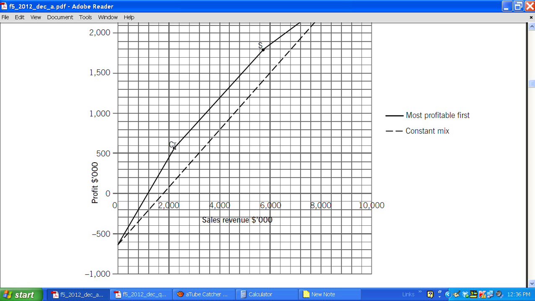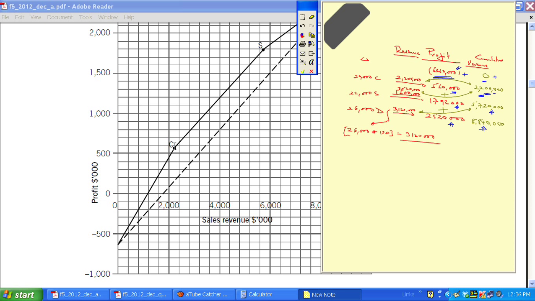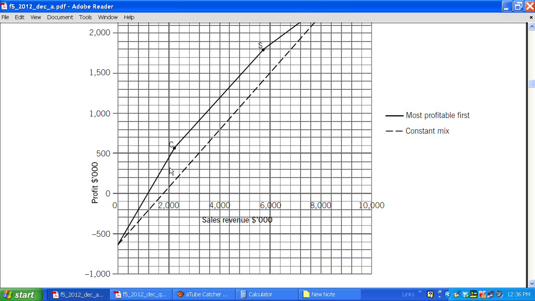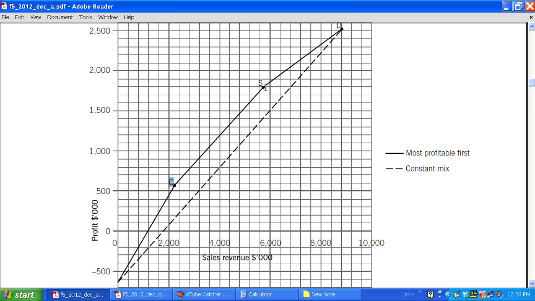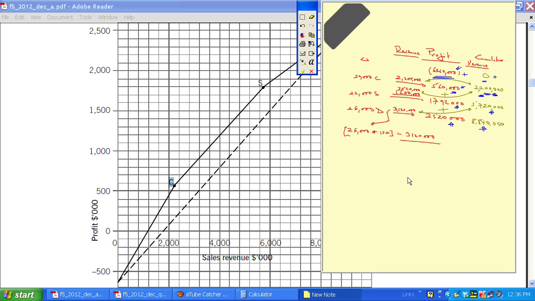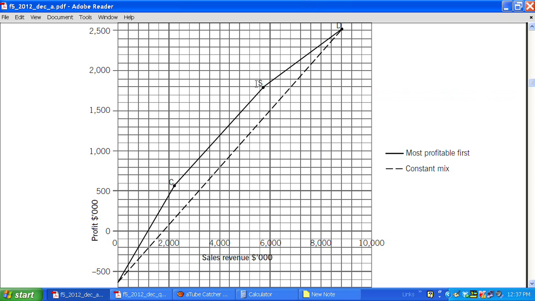Then the next point was clearly after a revenue of 2.2, where the profit is 560. So you can see the figure here, point C. Then the next point to plot is a revenue of 5720 versus a profit of 1729, somewhere here, as you can see where the pointer is hovering.